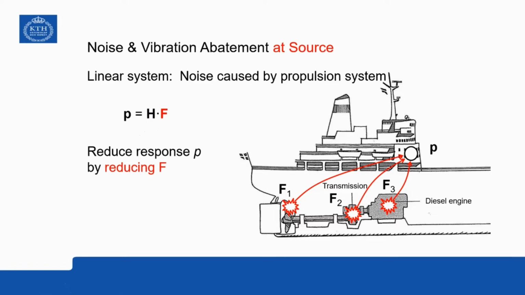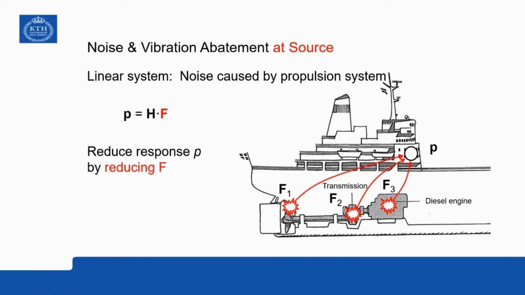Source, path, and receiver. So, in order to reduce the sound pressure response, we can either reduce the source contributions by reducing the sources. In this case, the propeller contribution, the contribution from the transmission gears, and the contribution from the internal processes of the diesel engine.